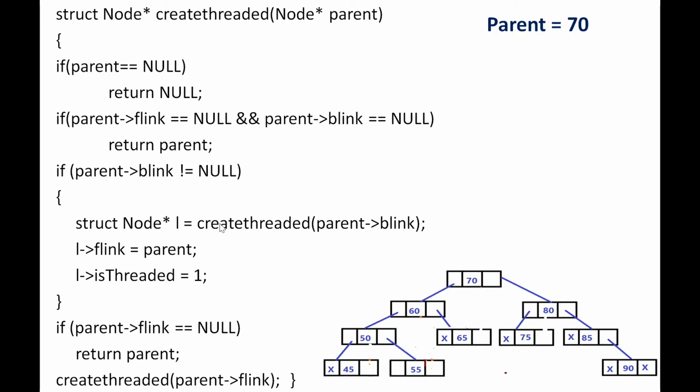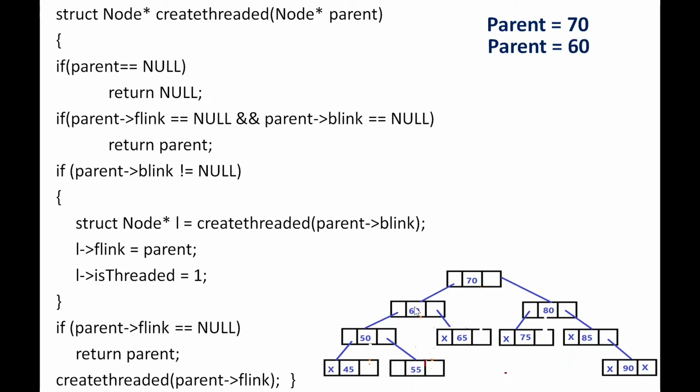Yes, that is true, because 70 has node 60 as its left child, so its b link is not null. Remember, b link represents the left child, f link represents the right child. So it is true, and the control enters the first line of the if condition. Struct node I equal to create threaded parent of b link, which means that we are making a recursive call to the same function by passing the address of the b link node, which means 60.